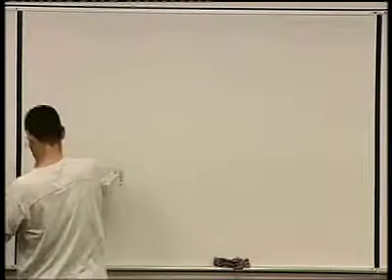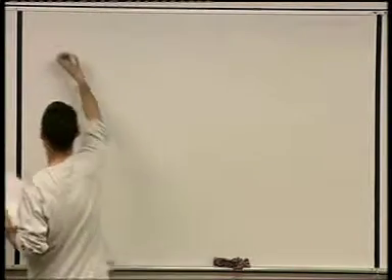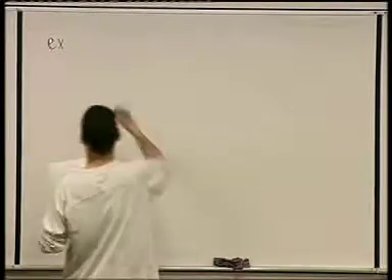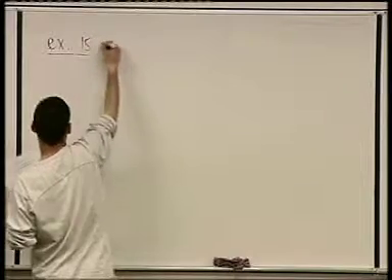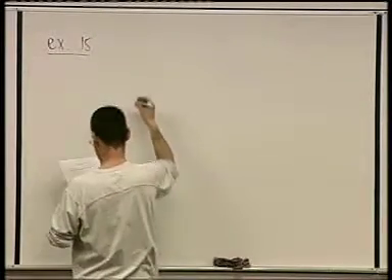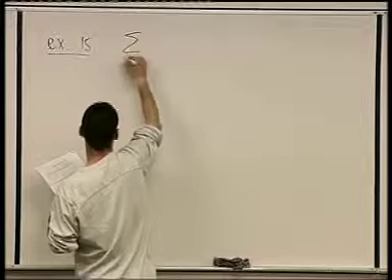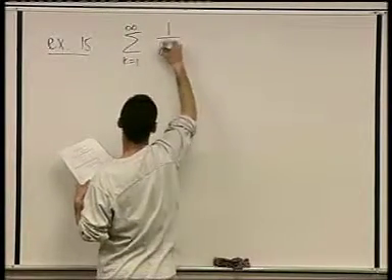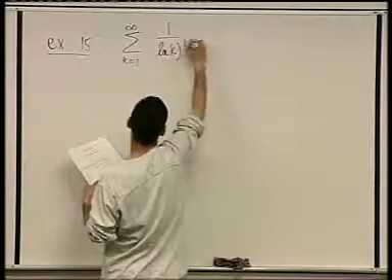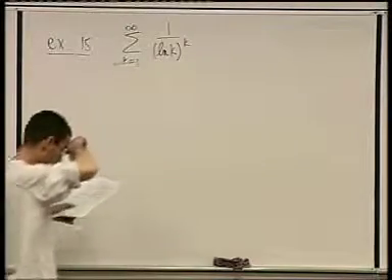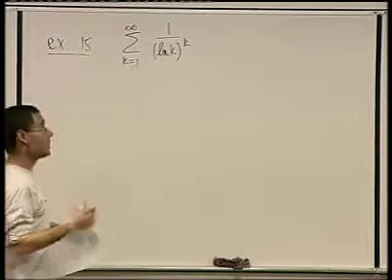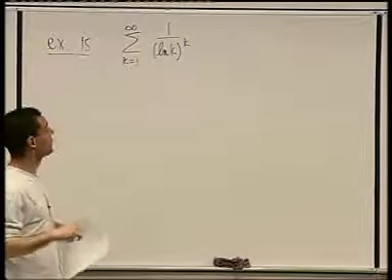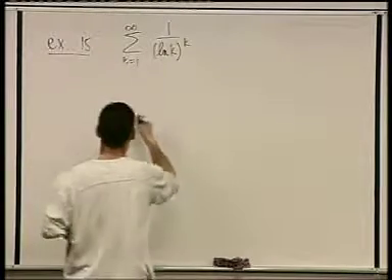Okay, examples. Oh, back to black. Example number 15. Suppose we want to look at the sum k equals 1 to infinity of 1 over ln of k, to the power k. When you see a power, it's kind of suggesting let's use the root test.